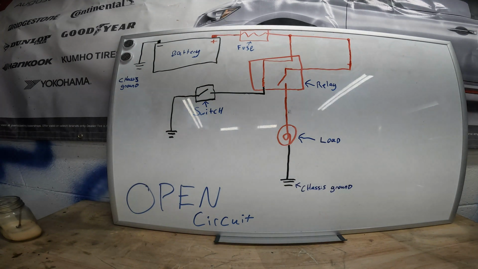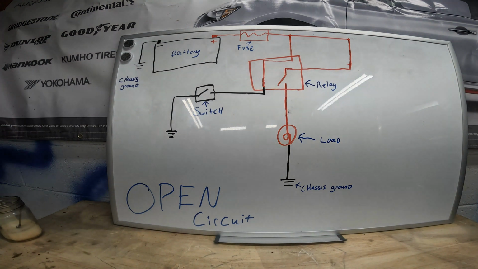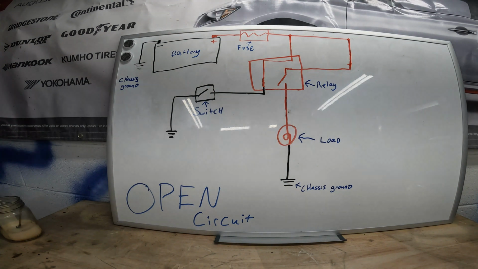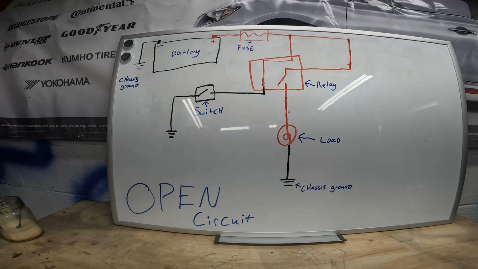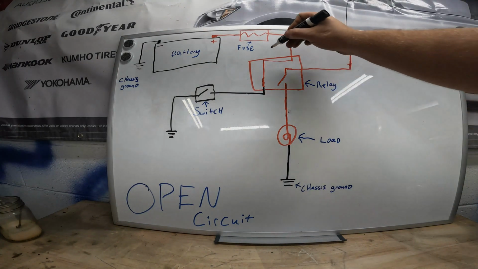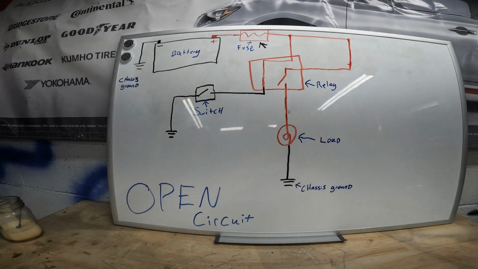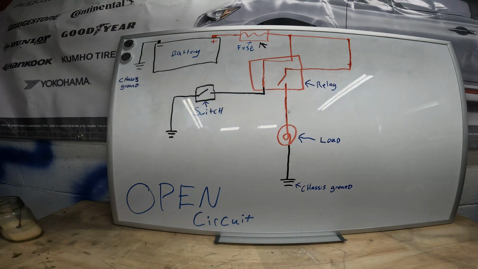Fuses, when a fuse blows, it actually causes an open circuit. Bad switches are almost always open circuits. So we'll talk about the effects an open circuit has on the flow of power. The most common one you'll see is an open circuit at the fuse, usually caused by something else or just a fuse failure in general.